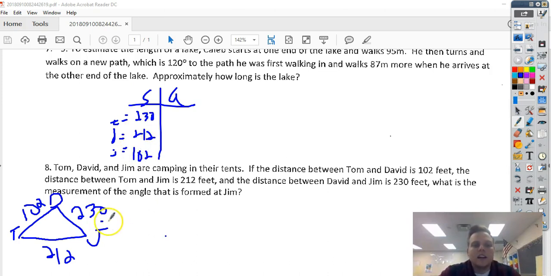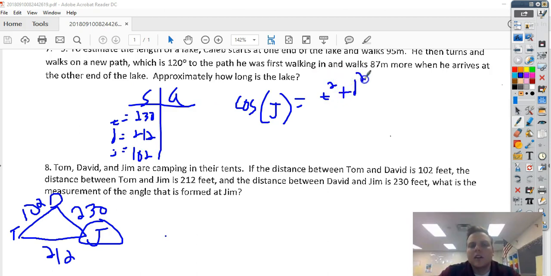And it wants to find angle J. So I can say cosine of angle J is equal to, now just think about it being c, c would be a squared plus b squared, so t squared plus d squared, and then it'd be minus c squared, right? So in this case, it's going to be minus j squared, all divided by 2 times t times d.